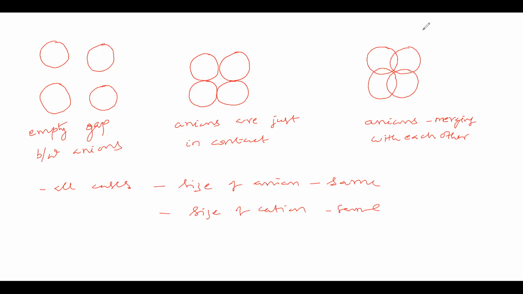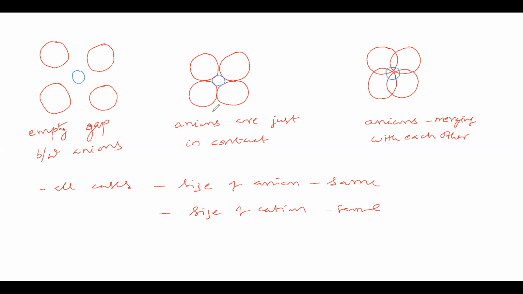In all the cases we will keep the same cation. We took the size of cations the same in all the cases, and the size of anions the same in all the cases.